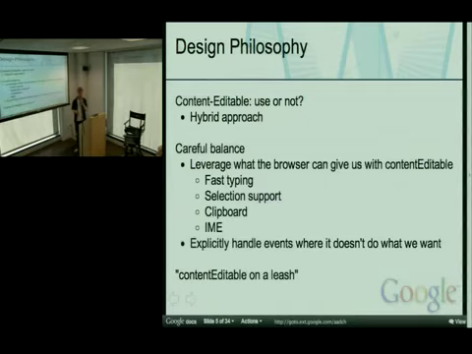So fast typing, selection support, moving the caret around, cut and paste, IMEs, these kinds of things, we let content editable do its thing. But for many other things, we handle them all programmatically. So the editor is designed so that you can strike a balance. You can do whatever you want to do manually, or you can let the browser do whatever you want by default. So it's kind of content editable on a very tight leash.